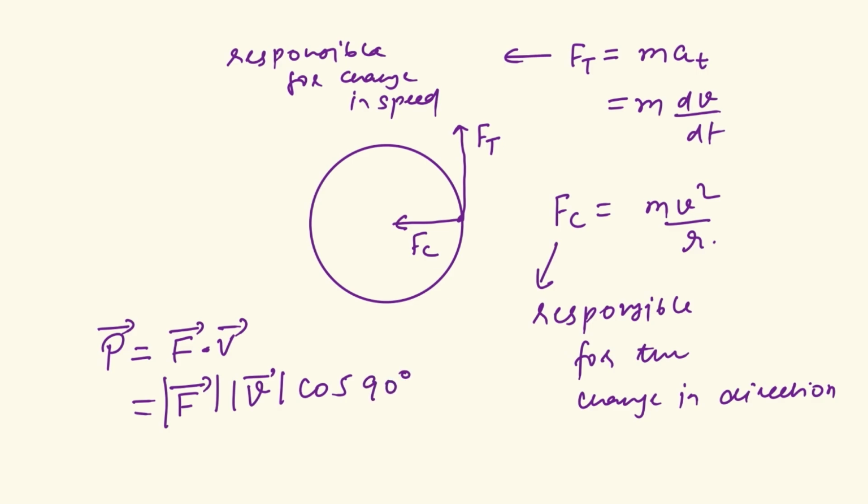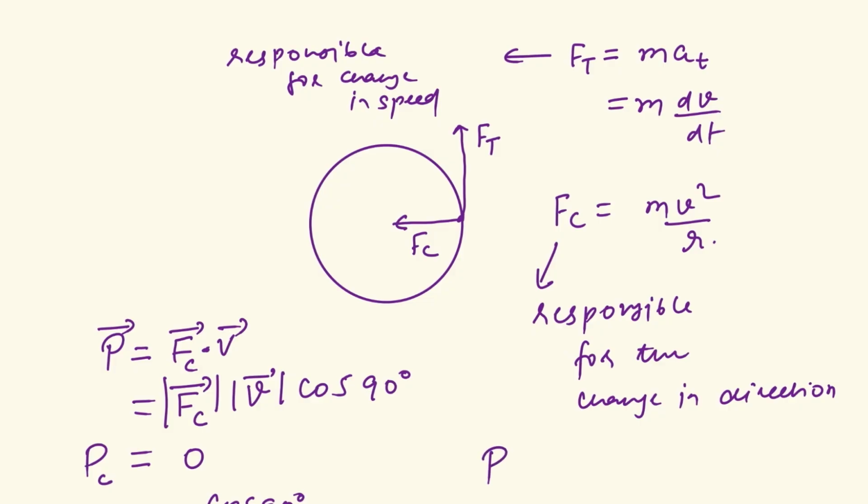The displacement is always perpendicular to the direction of centripetal force, so the power delivered by the centripetal force is always equal to 0, because cos 90 is equal to 0. The direction of the displacement is along the direction of the tangential force, so power is only delivered by the tangential force.